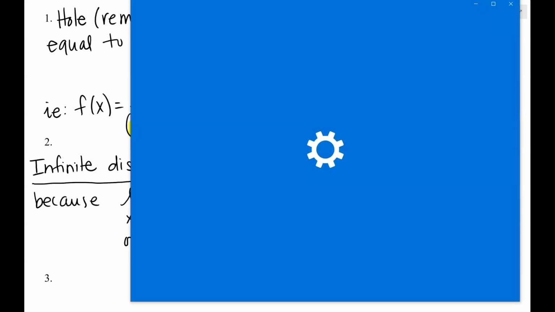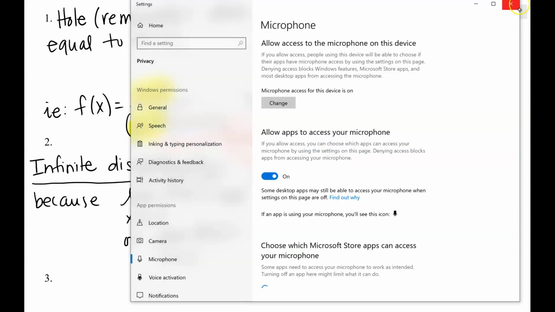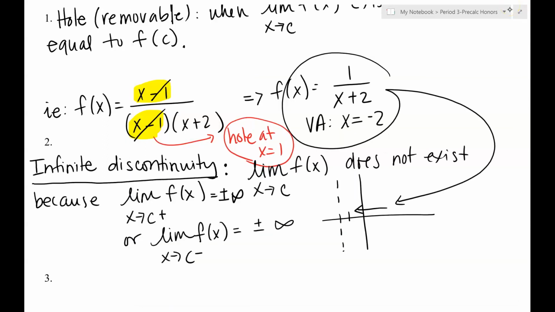When I plug in, let's say, negative 1.9, right? Negative 1.9 plus 2, that's going to be a positive small number on the bottom. 1 divided by a tiny, tiny positive number will give me a positive infinity. So by definition, this right here is going up.